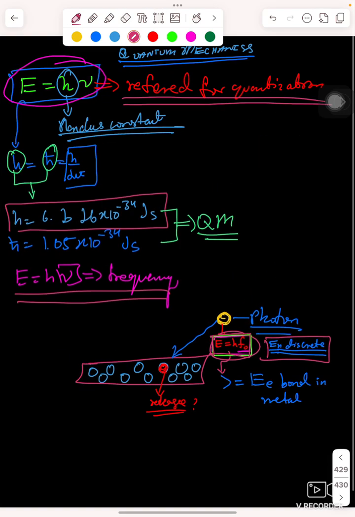Now, let's get to how we can use h in particular to get something known as the Compton wavelength.